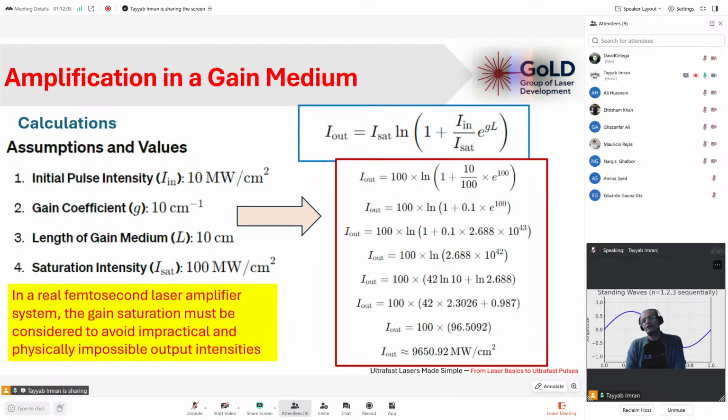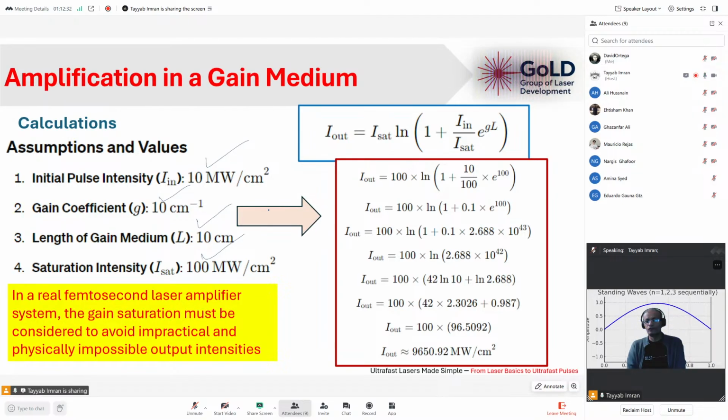This is how you can calculate if some values are given. Here the input intensity is 10 megawatt per centimeter square, the gain coefficient is 10 per centimeter, the length is 10 centimeter, and the saturation intensity is also given, which is 100 megawatt per centimeter square.